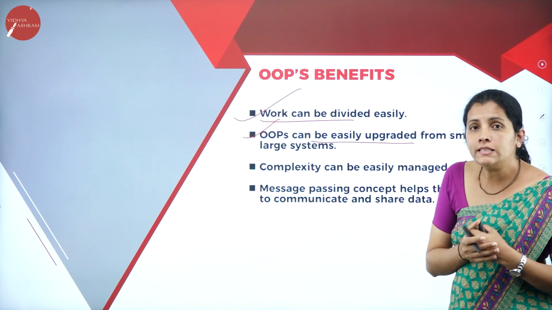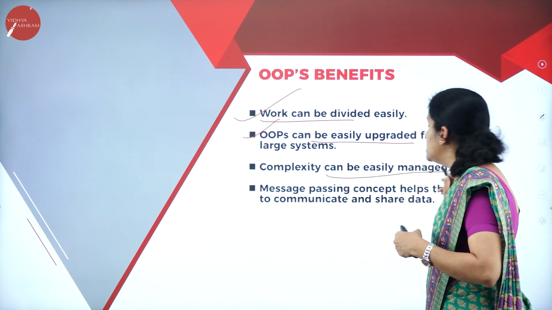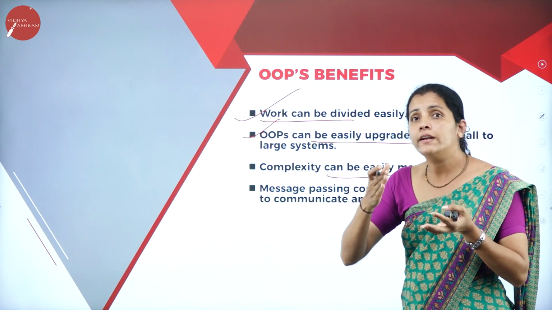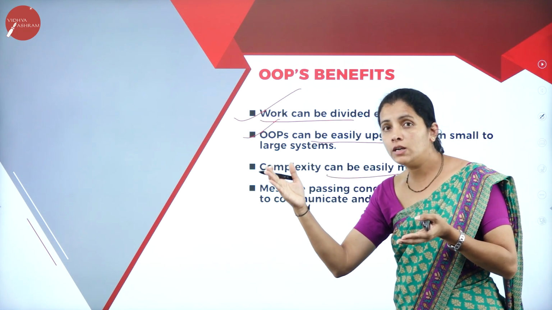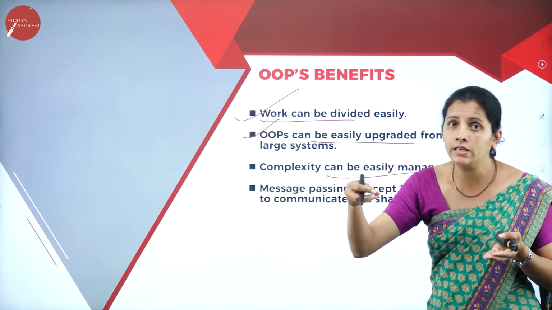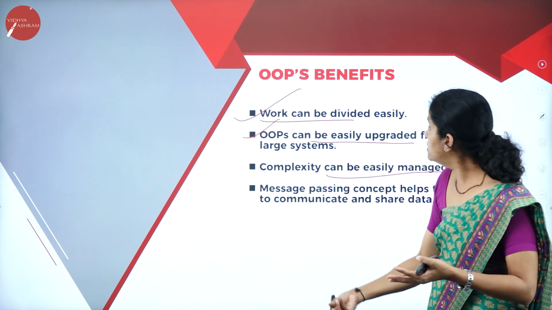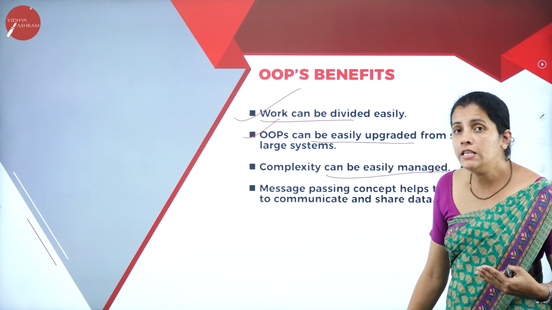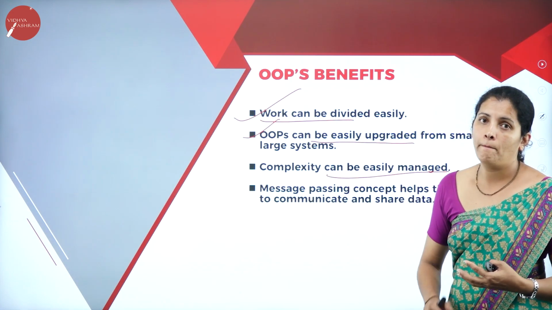Then the complexity can be easily managed. That means the complex problems are divided into smaller tasks and we find the solution for each individual smaller task, so that the complexity of the problem can be very easily and well managed.